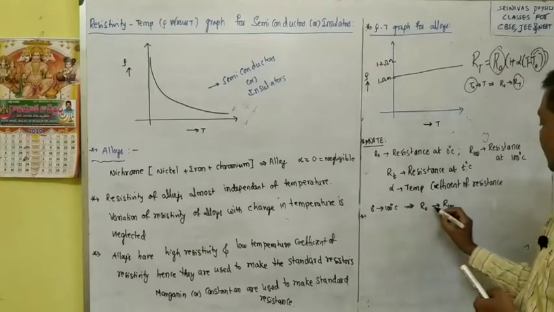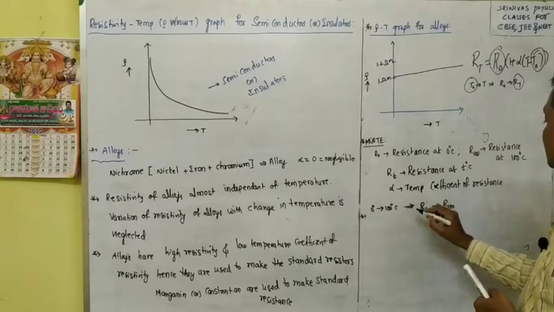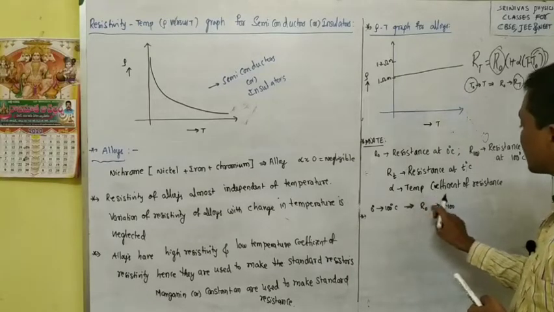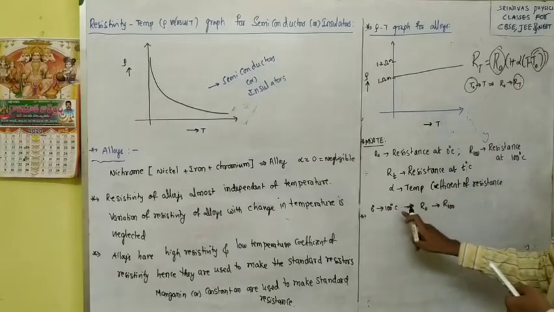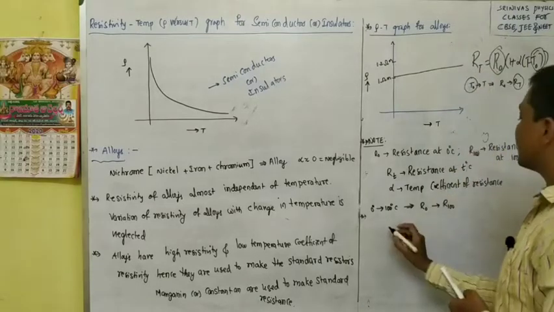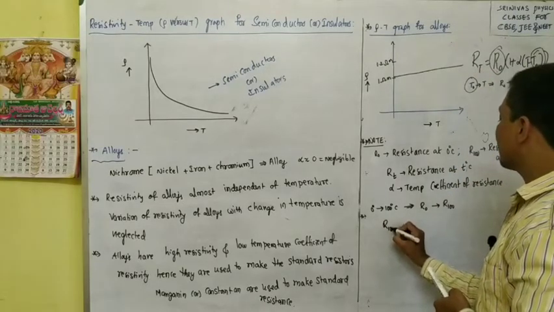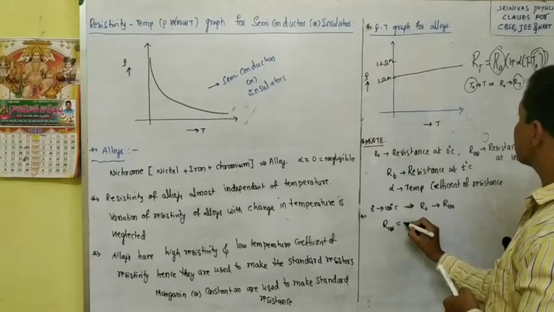But here R0 is the resistance at 0 degree Celsius. R100 is the resistance at 100 degree Celsius. We write here in place of RT, R100. R0 is the resistance at 0 degree Celsius.